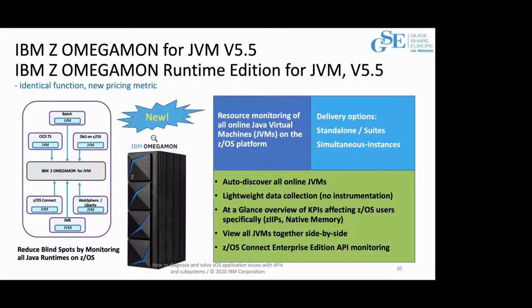So you have the runtime edition offering that allows you to just purchase simultaneous instances, i.e. just the number of instances you want to monitor as opposed to your whole enterprise pricing model. And that adds more flexibility, and similar to how the zOS Connect pricing model works, you can purchase either simultaneous instances or you can purchase through zOS based monitor as well.